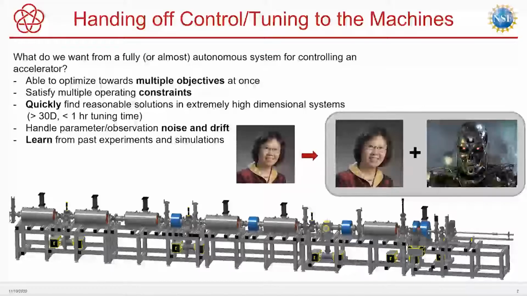So when we think about developing algorithms for controlling or assisting in the control of accelerators, we want those algorithms to have several characteristics. We want those algorithms to optimize towards multiple objectives at once, which is something that often happens during machine tuning today.